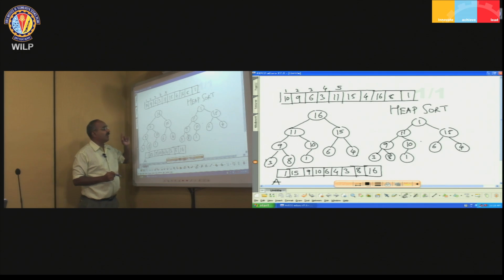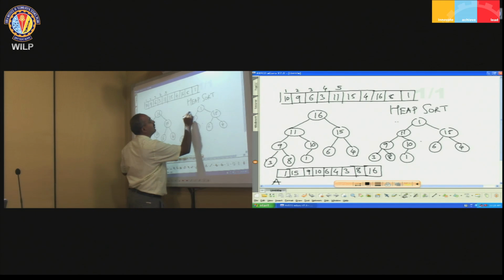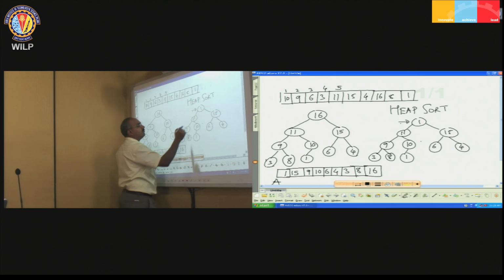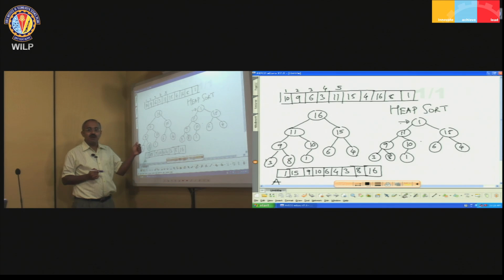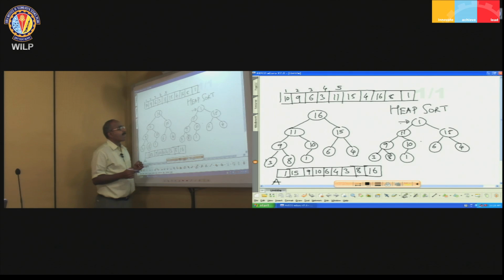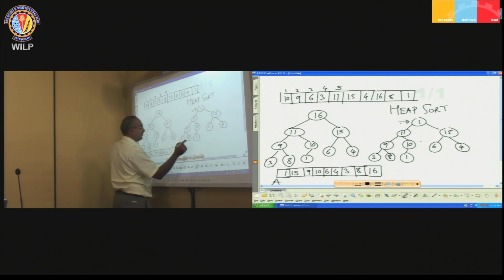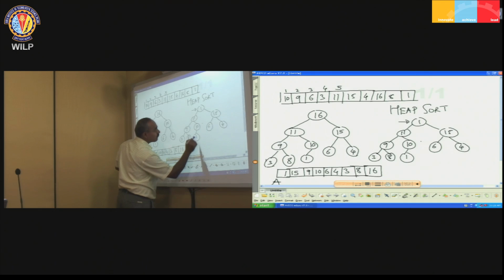So, the only place where the heap property is violated is at the root level. Below that, the heap property is satisfied. So, we simply heapify at the root location.